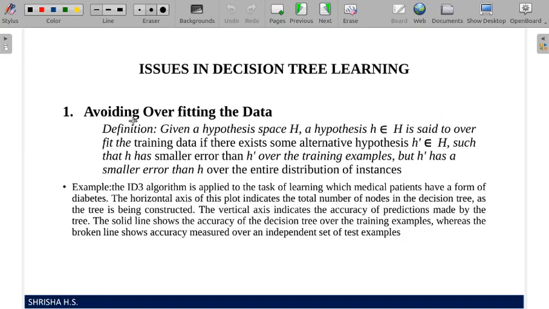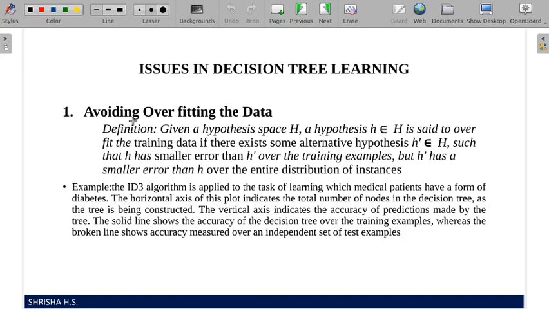The accuracy of prediction of H over the training data is better than H dash. But H dash has better accuracy over the entire distribution of instances, meaning test data or a new instance also.